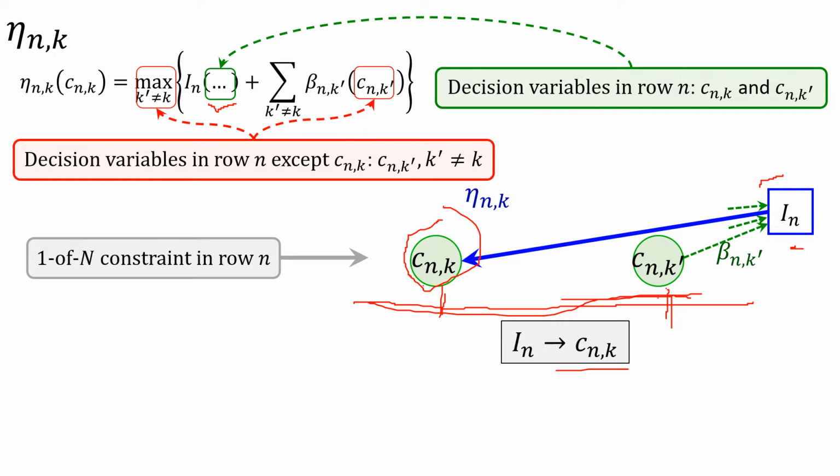Now the decision variables in row n except cnk are included in this summation here, as well as what this maximization is being carried out over. It's not being carried out over cnk, because we have except cnk here. This cnk is fixed. It's not being maximized over.